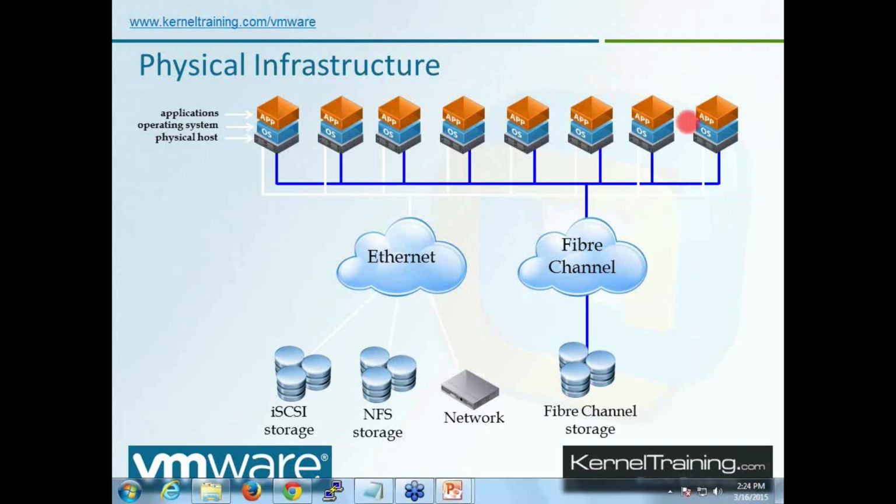Assume this is my data center. In my data center, I have almost 8 machines running: 1, 2, 3, 4, 5, 6, 7, 8. Each machine requires an operating system, and on top of it I would run an application. What I tried to show you earlier is supported here.